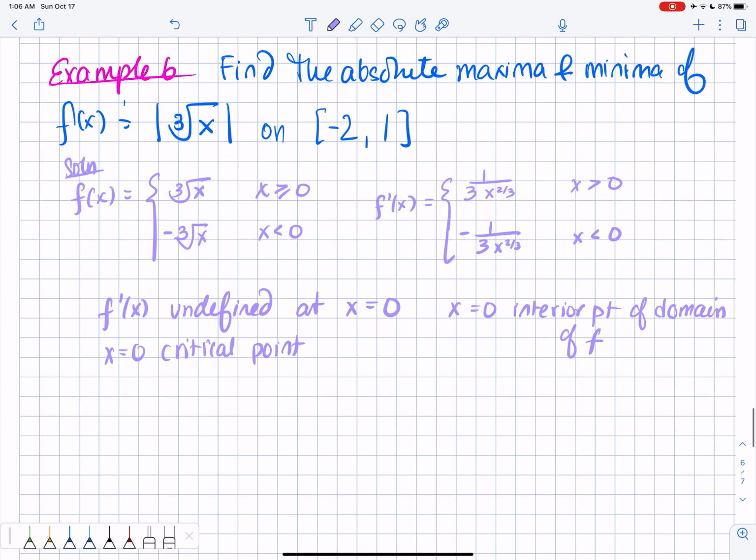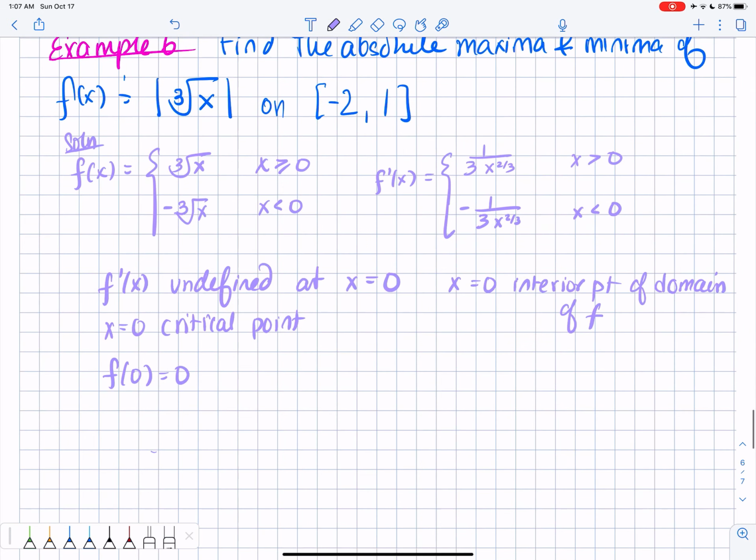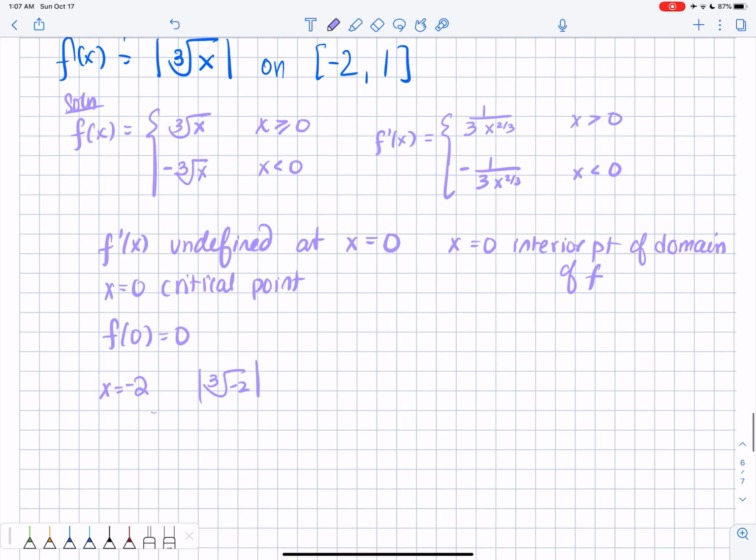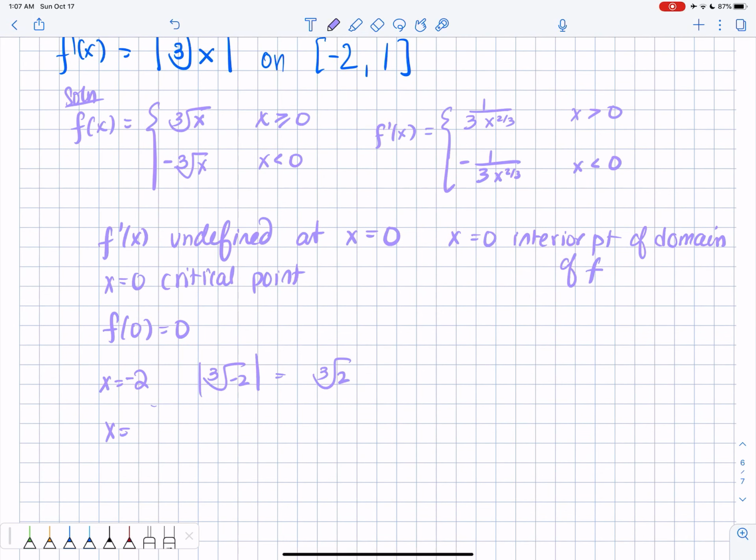And how do you find the absolute maxes and mins? You have to evaluate the function at the critical points and at the endpoints. So let's find f of 0, that's 0. Okay, let's do x equals negative 2, sorry. You have to take the cube root of negative 2 and take its absolute value. That's the same as the cube root of 2. And then x equals 1.